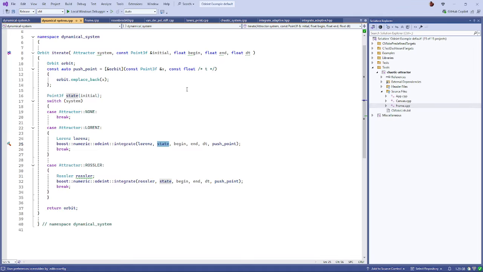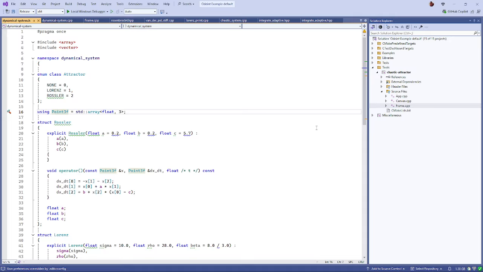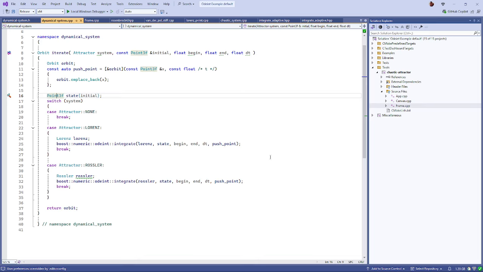My state is a point3f, what I call a point3f. It's just a type alias for an array of 3 floats, and that represents the initial state of my system. Here's the beginning time that I'm going to integrate from, and the end time that I'm going to iterate to, and the delta t that I'm going to use.